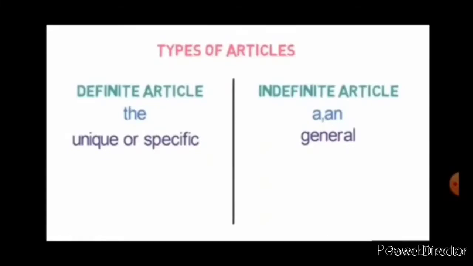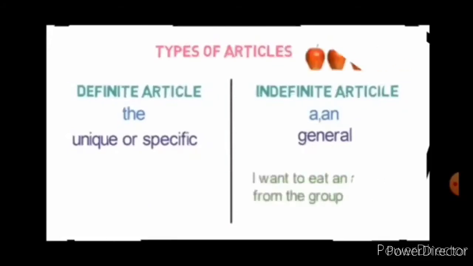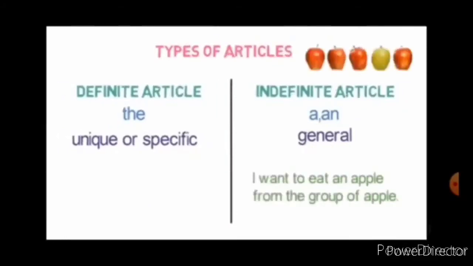For example, suppose there is a group of apples in front of you and you are given a choice to eat one of them. If you want to eat any one from it, what will you say? You will say, I want to eat an apple from the group of apples.